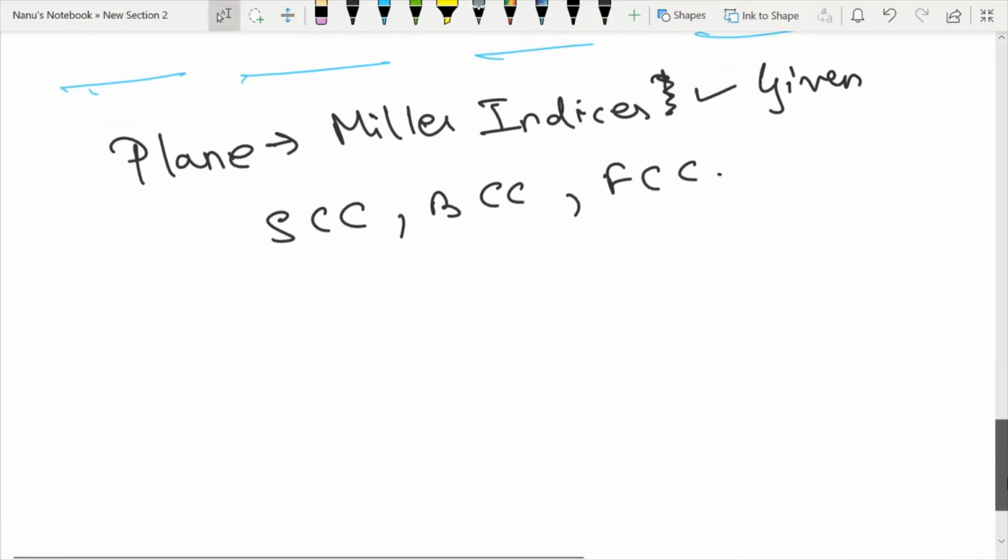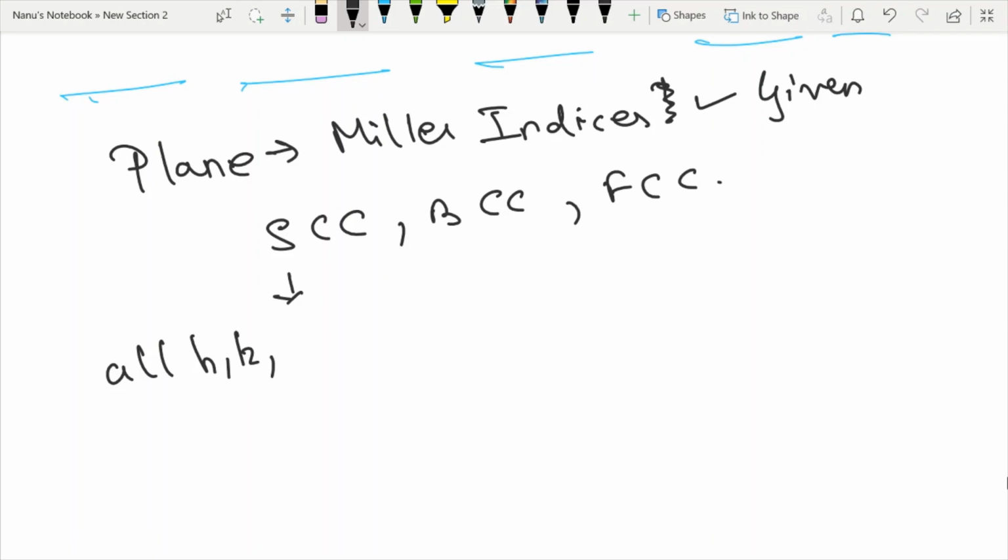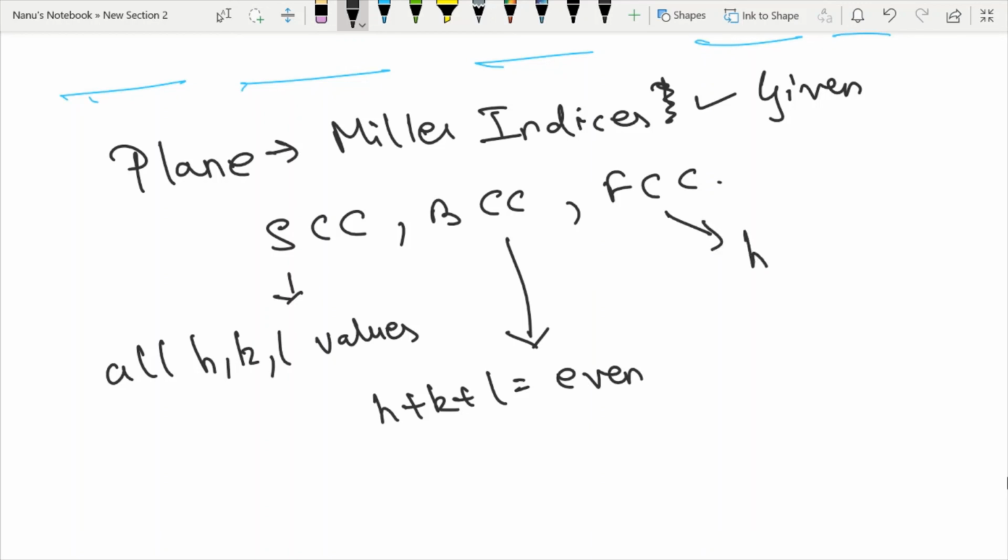If it is SCC, it is valid for all H, K, L values. If it is BCC, then the condition is that H plus K plus L has to be even. If it is FCC, then H, K, L should be all odd or all even.